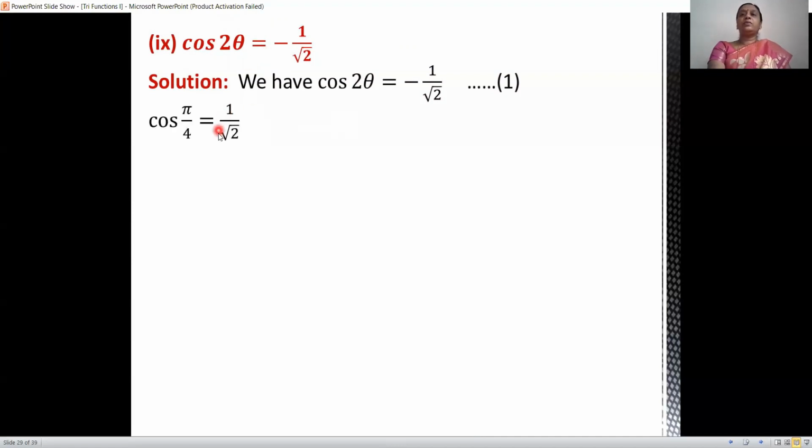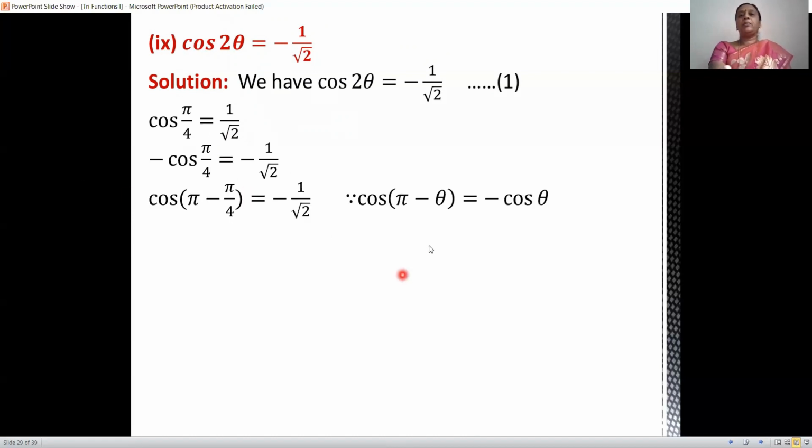Then go to your 0 to 360 table, where we will get the value of cos theta as 1 by root 2 at the angle pi by 4. Cos pi by 4 value is 1 by root 2. Take the minus sign on both sides. Then take the help of the allied angle formula.